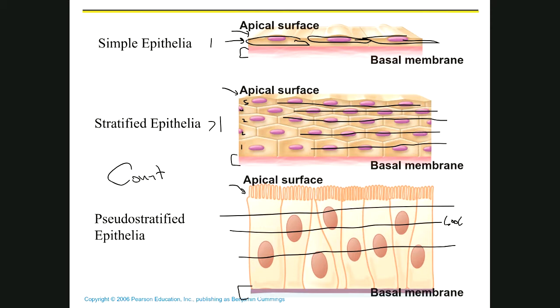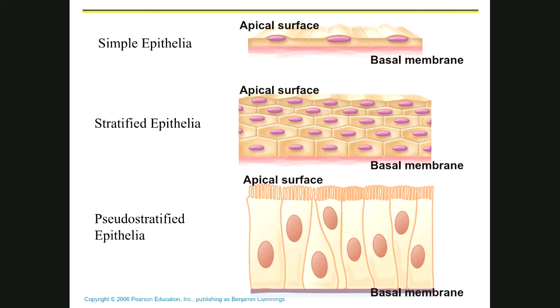But there's not. And the reason there's not is because every single cell touches the basement membrane. Look, this cell comes down here to the basement membrane. This one comes down here to the basement membrane. This one, even though only a little bit of it makes it to the top, comes down here to the basement membrane. And that's true of all of them.